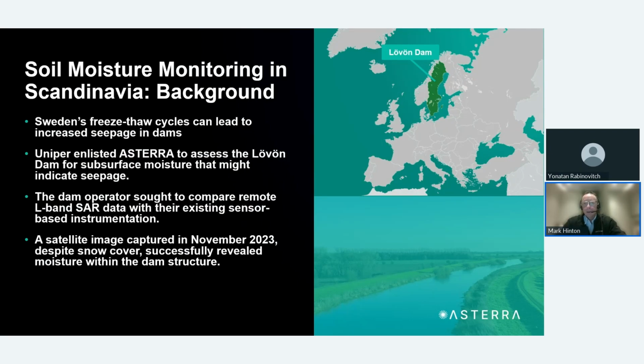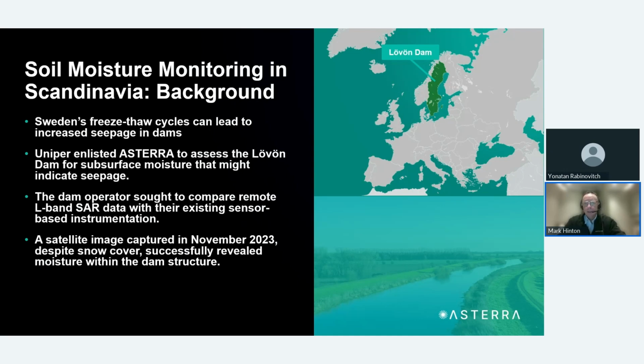Because of that freeze-thaw cycle, that can lead to particular challenges with seepage occurring in some of these dam structures. So we were deployed to look for subsurface moisture that might be indicative of seepage issues. On this particular project, the dam operator was asking us to look at this so they can compare with their other forms of data, sensor-based instrumentation, so check for correlation, if you like.